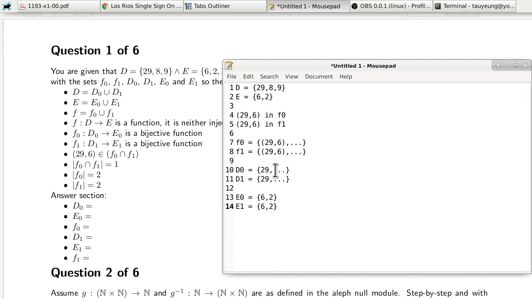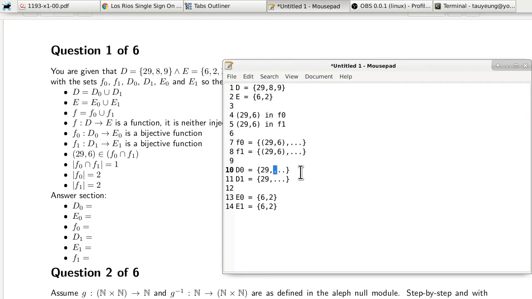When you look at D, they will be slightly different, because the union of those has to result in a function. So out of the 3 elements of D, D0 is going to take care of one of the elements other than 29, and D1 has to take care of the other one.